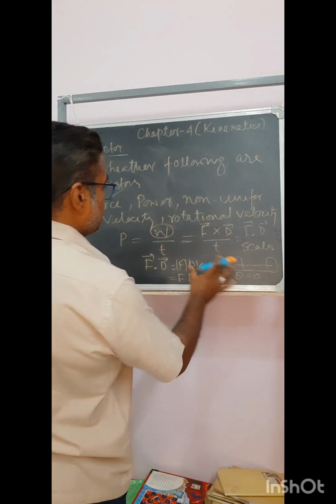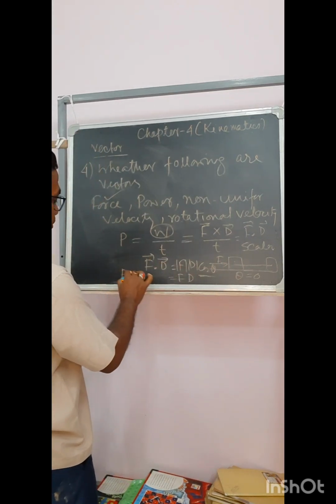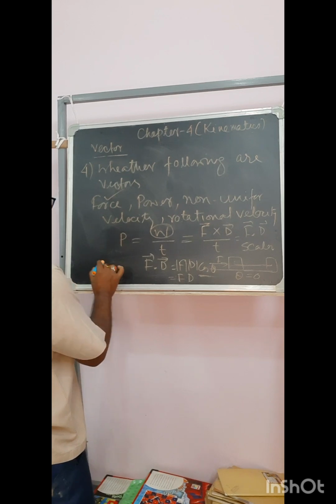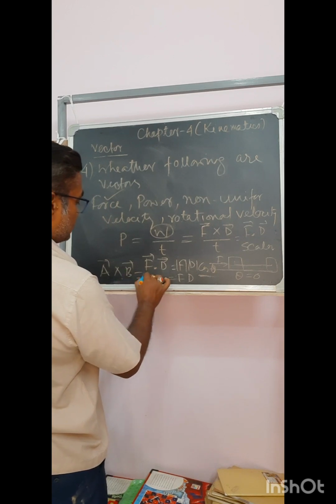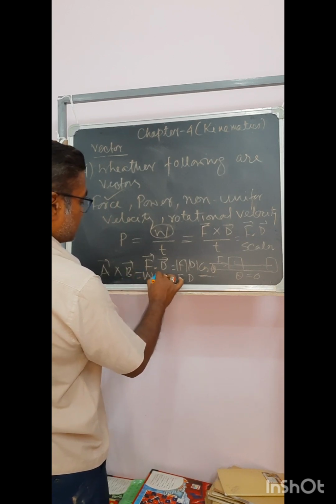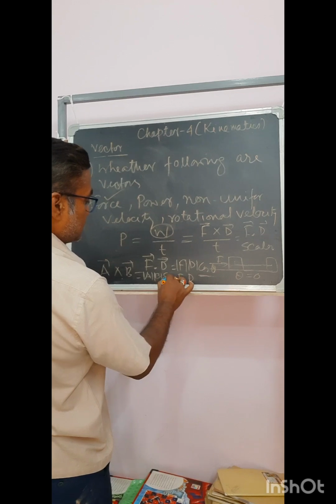Okay, so this is the thumb rule. If there is a cross product between two vectors, that will produce a vector, because the cross product's resultant comes with a sine theta.